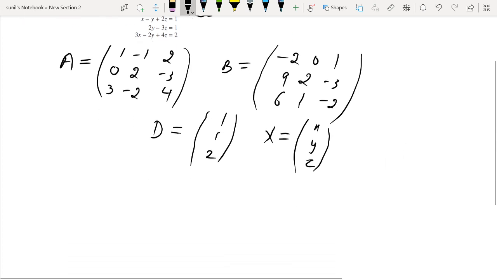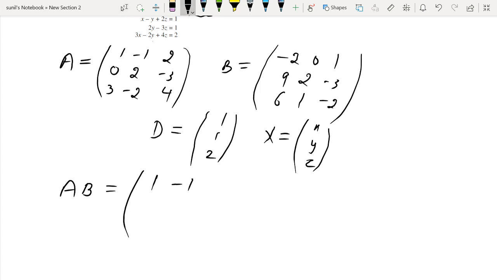Now what you will observe here, as per the direction we have to calculate AB.